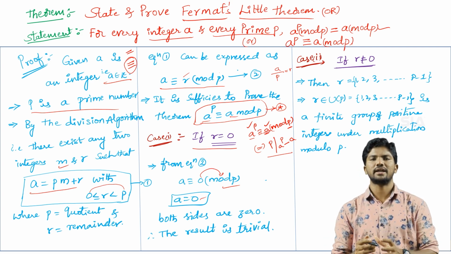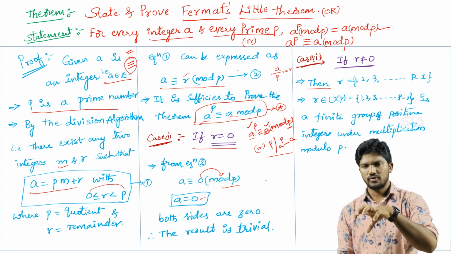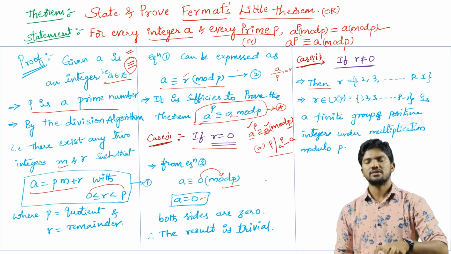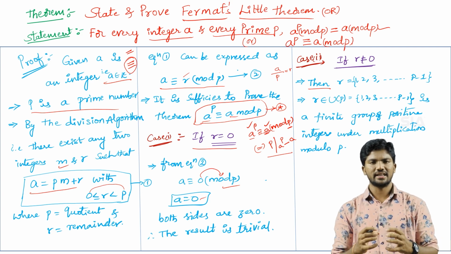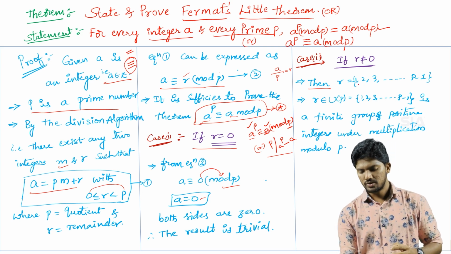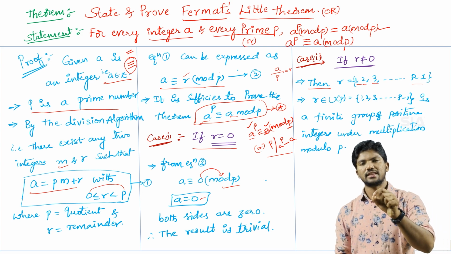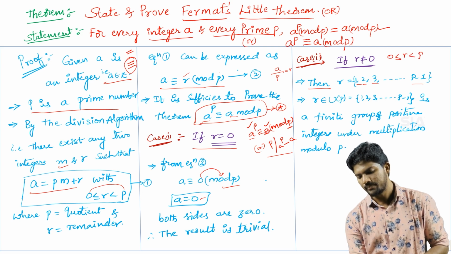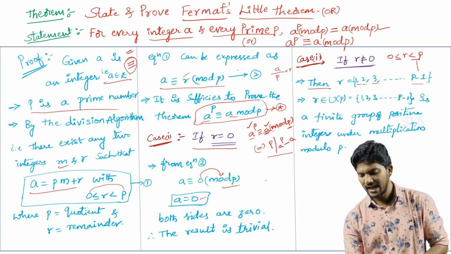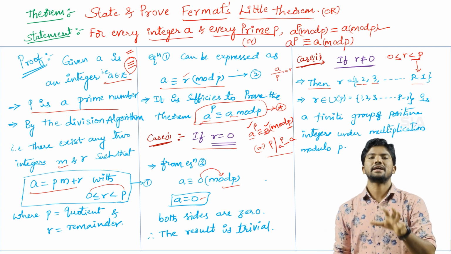If the remainder is not equal to 0, what does that mean? It is greater than 0, with values 1, 2, 3 and so on. The remainder always lies between 0 less than or equal to r less than p. Less than p means the last possible value of the remainder is p minus 1.